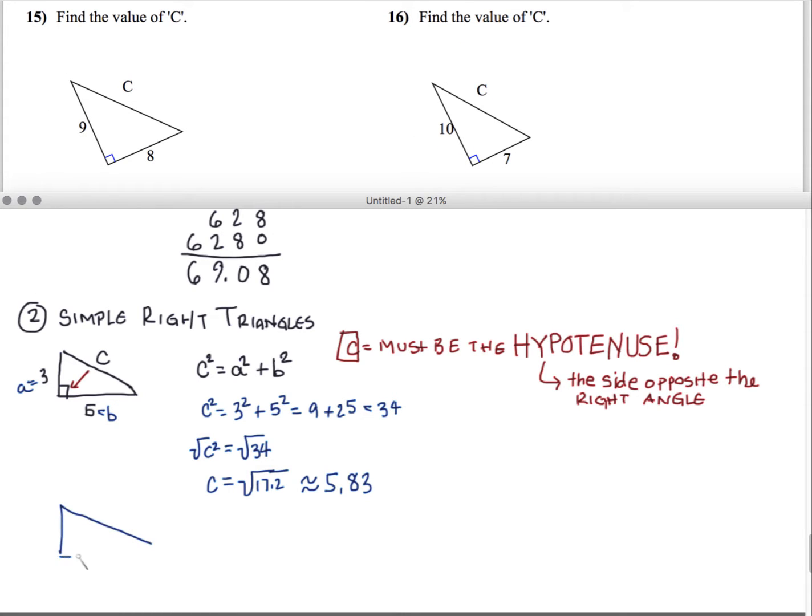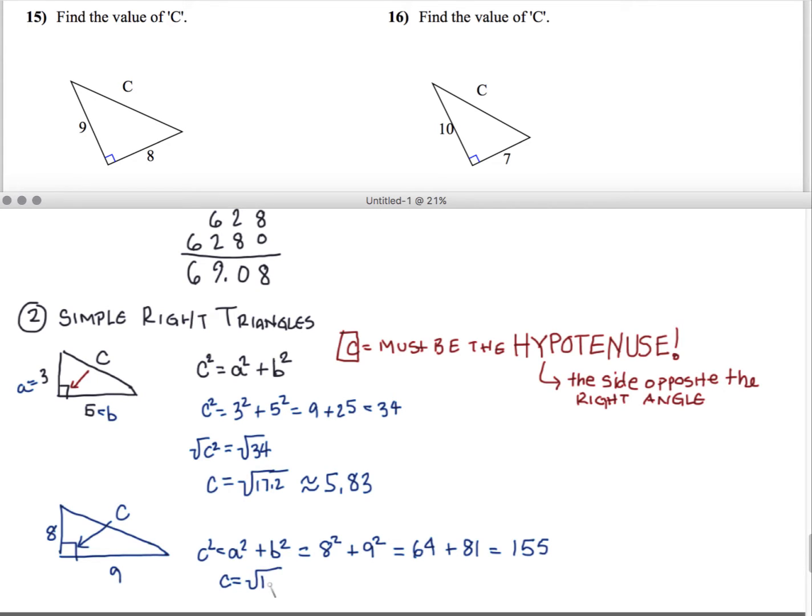So let's try the next one. And here we go. Okay, and that's going to be 8, 9, and C. Make sure it's the hypotenuse. So C squared is a squared plus b squared, and that's going to be 8 squared plus 9 squared. That's 64 plus 81. And that is going to be 155.